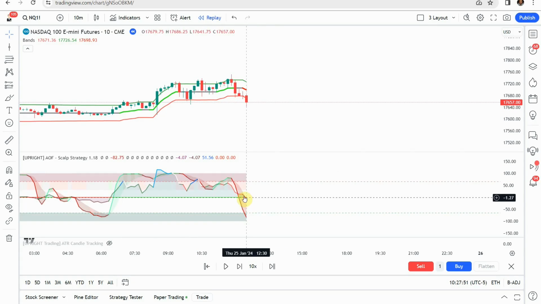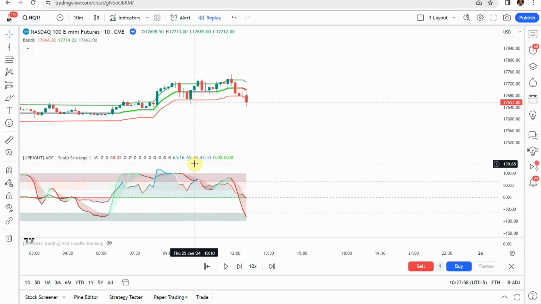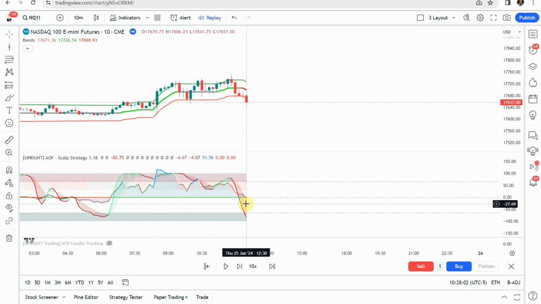We're looking for that MR line to cross down below this center line. And if I hover over this candle right here, if you look at these numbers right above my cursor right now, you can see that it is in the negative. That is identifying where the MR line is. When it's in the negative, that means it's below the middle line. When it's in the positive, that means it's above that middle line.